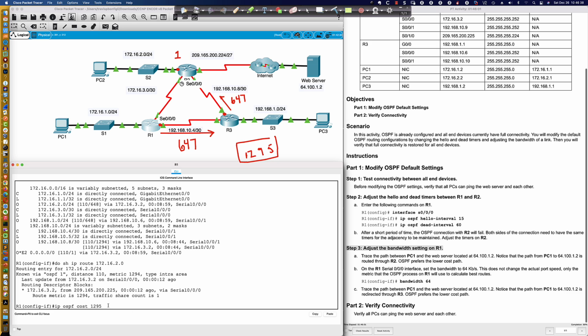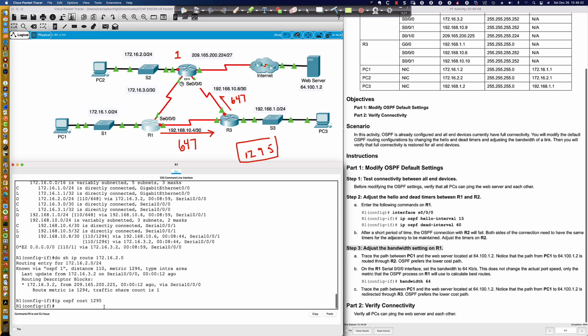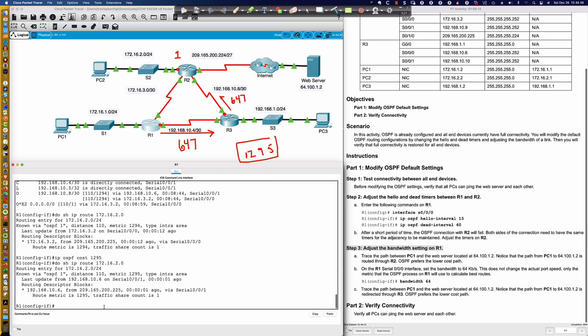So I should be able to say ip ospf cost 1295, hit enter, do the show ip route for that specific network, and yes, the new best metric is 1295 going to who? The new candidate next hop, router 3.